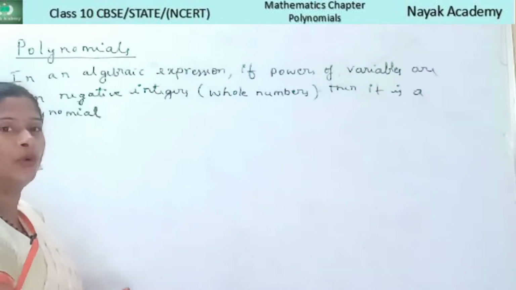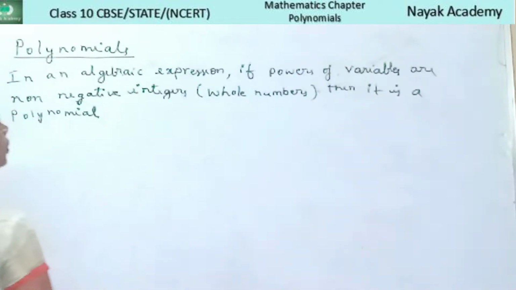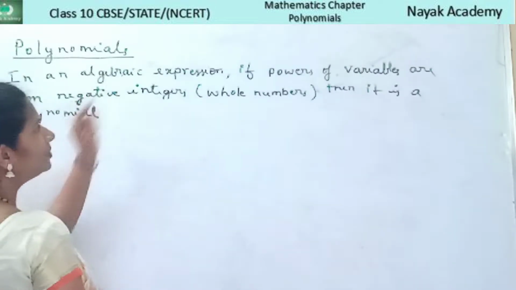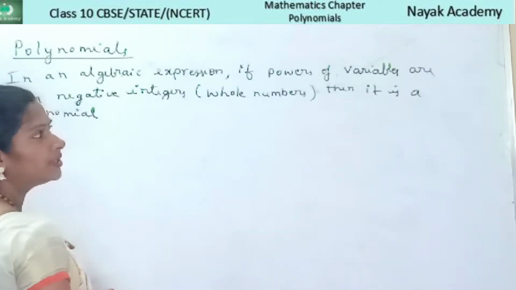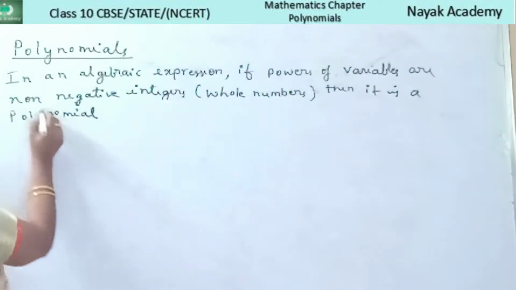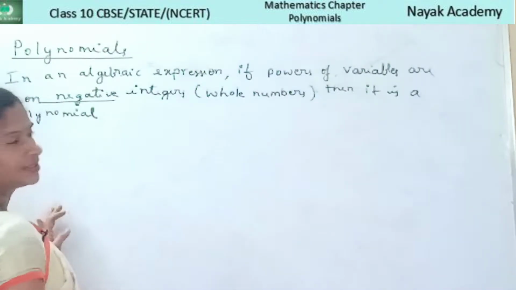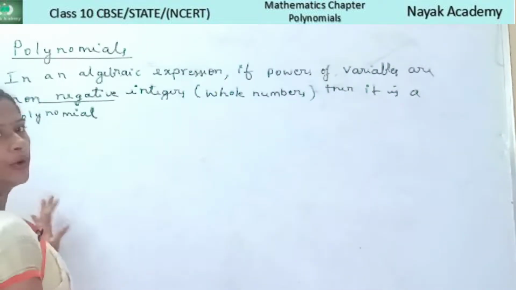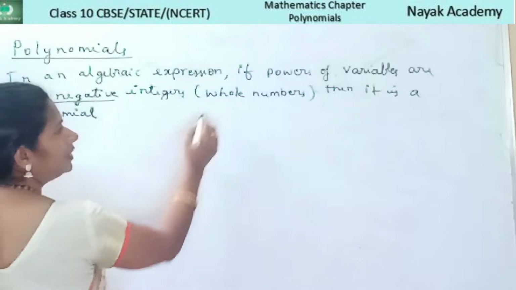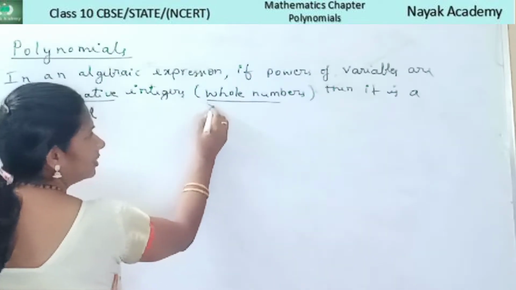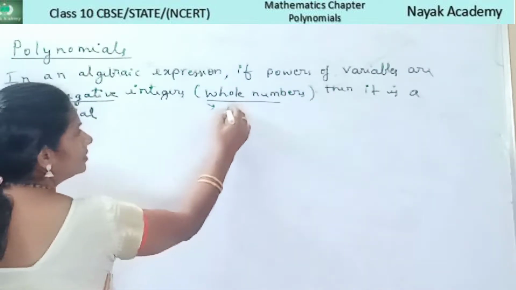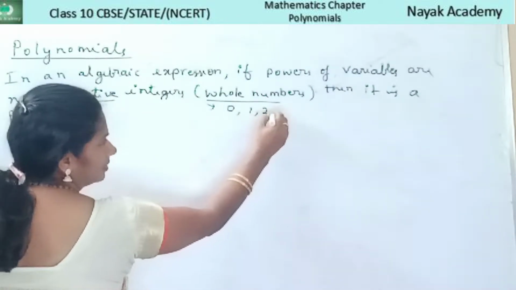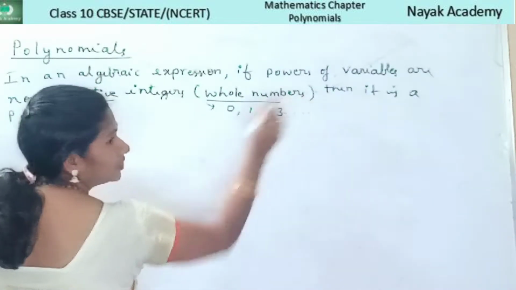Now let us learn what we mean by polynomials. A polynomial is an algebraic expression if the powers of variables are non-negative integers. Then it is called a polynomial. Non-negative integers means whole numbers, children. So whole numbers including 0 and natural numbers 1, 2, 3 and so on.